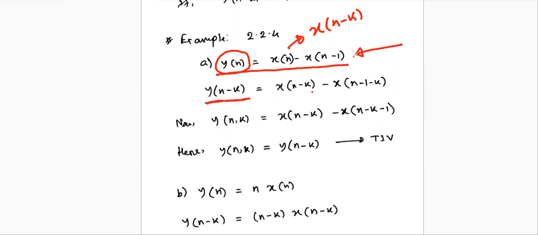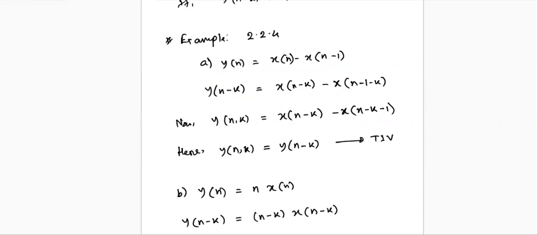It should be shifted by k samples. So that's why I am writing it this way, n minus 1 minus k, because you need to shift it by k samples. And then you need to subtract the first term from the second term. Okay, fine. What about y(n, k)?